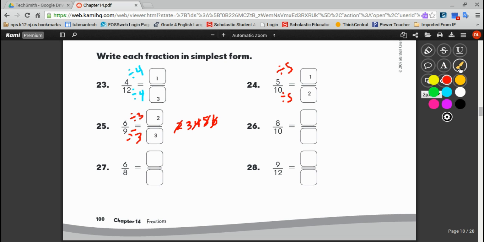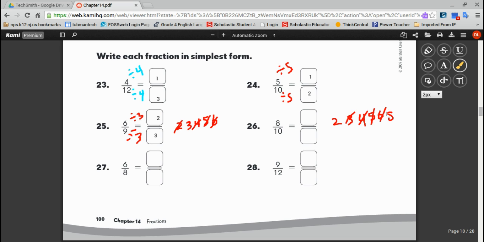Okay, let's do this one over here. 8 divided by 2, that works. 10 divided by 2, oh, that also works. Can I do 3s? 8 divided by 3, nope. 4s. 8 divided by 4, yes, that works. 10 divided by 4, can't do that, doesn't work. 5s, can't do 8 divided by 5. I can't do 8 divided by 6.